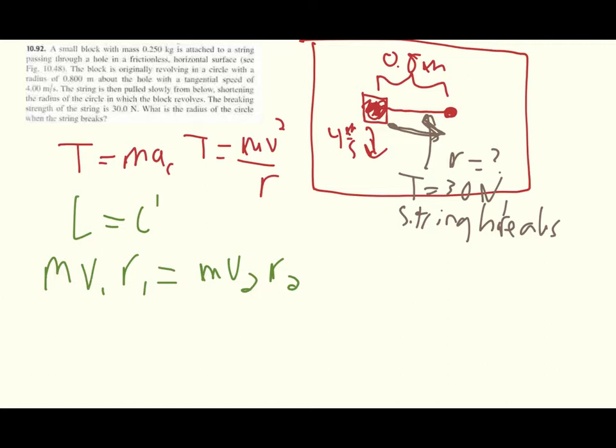But it's going to have different radii. The beginning, this is where it started from, and this is where it breaks. We're going to have to combine those two things together to find the radius where it breaks.